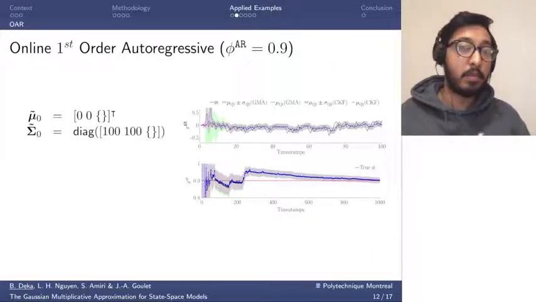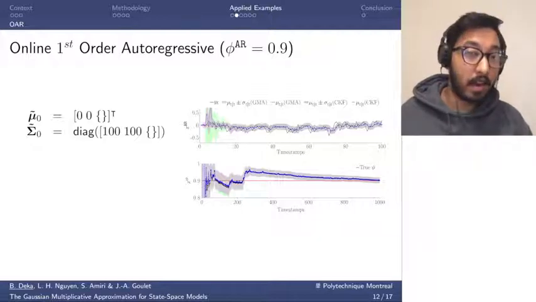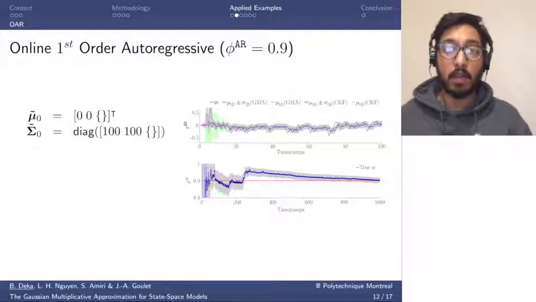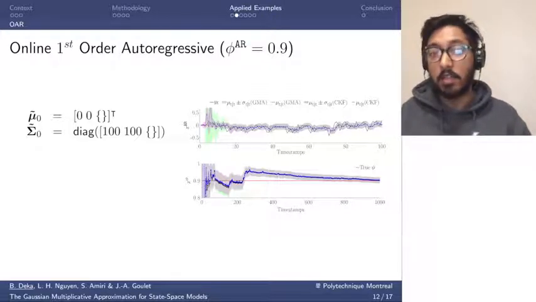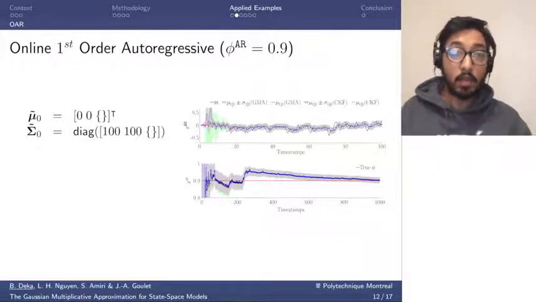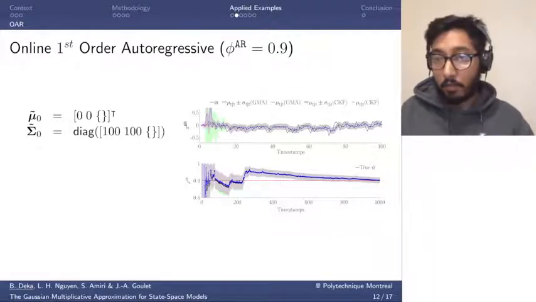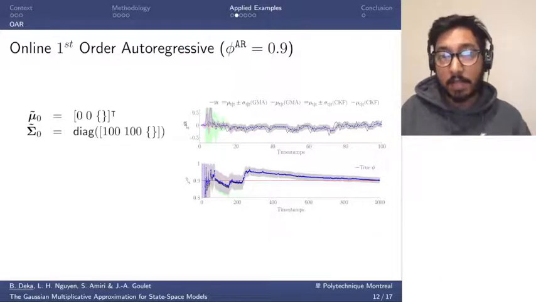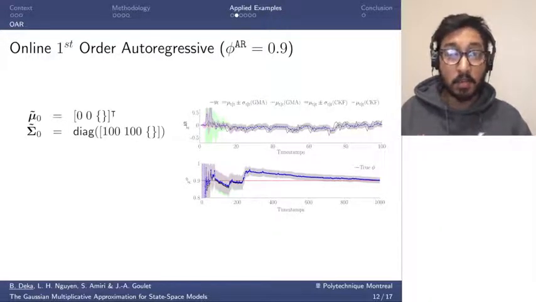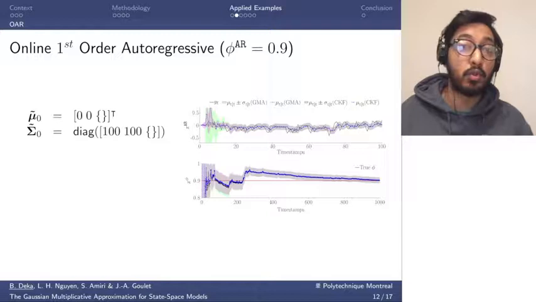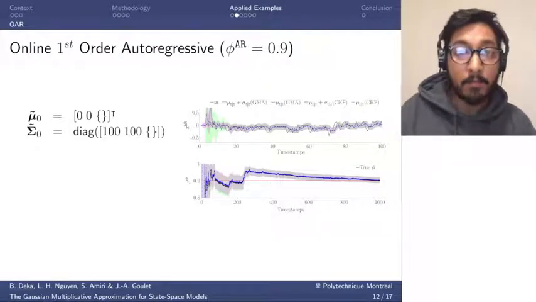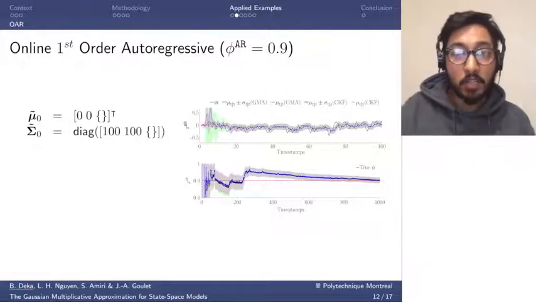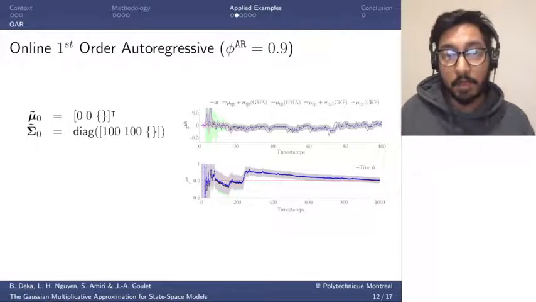You see that the variability in the beginning is very high because it is trying to figure out the correct value for X phi. Once it is near the true value, it understands the value for XAR at that particular time step, and then both the GMA and the CKF move together, as shown by the overlapping of the uncertainty as well as by the predictions for both of these methods.